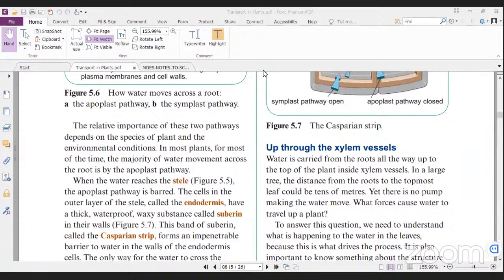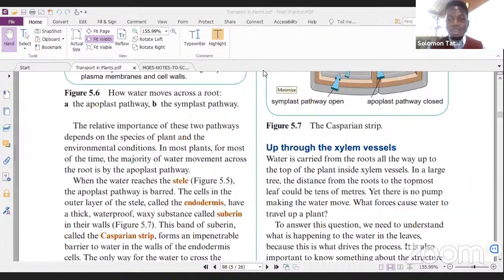Why is it so? That's a very, very good question. That was probably one of the questions I was meant to ask you. Why is the apoplast the most accepted theory for these pathways? Who would love to answer that?